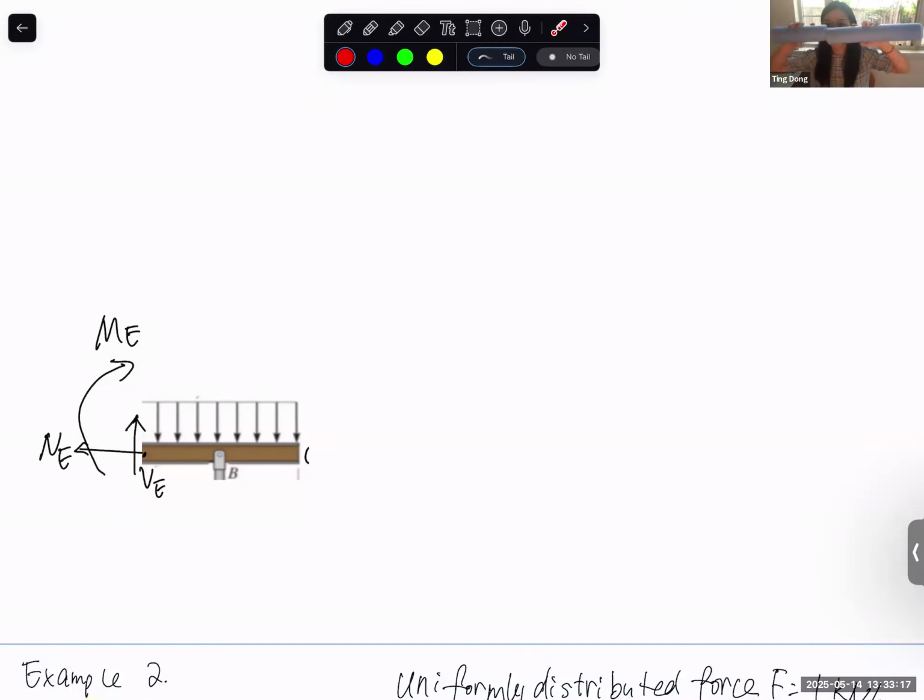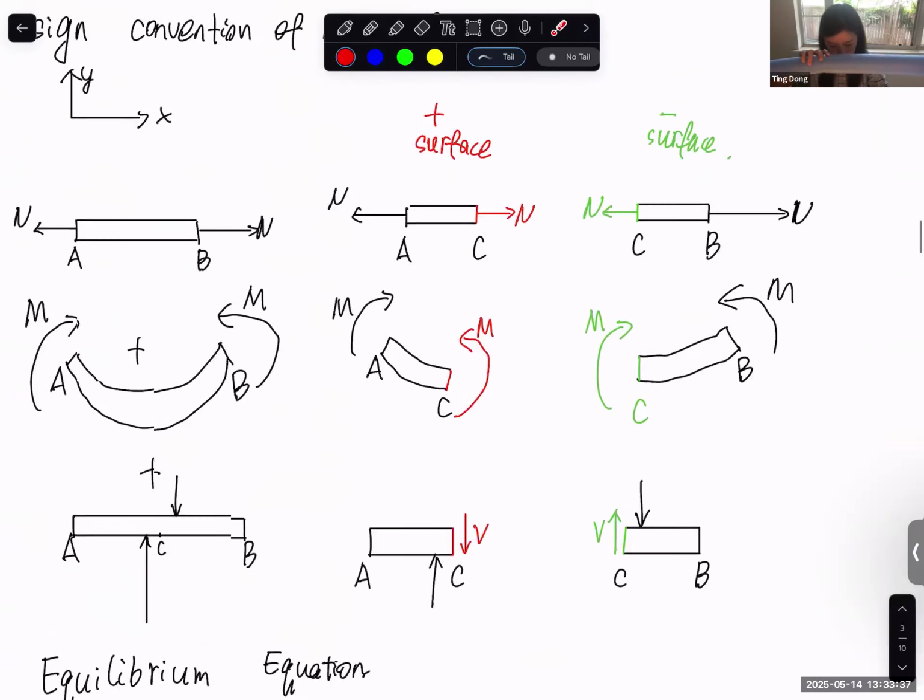And for the shear, I define that when it's shear like this, it is considered positive shear in the statics and mechanics of materials textbook. In a future class it might be different; we'll talk about that later. But for these two classes, this is considered positive shear, as I drew here.